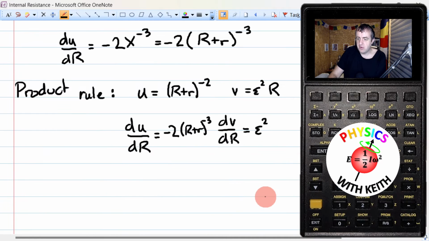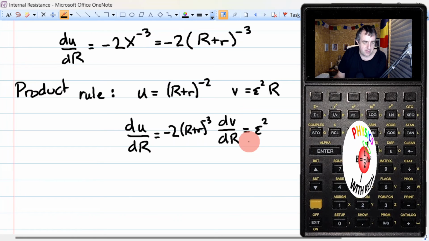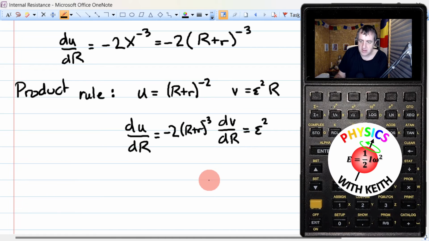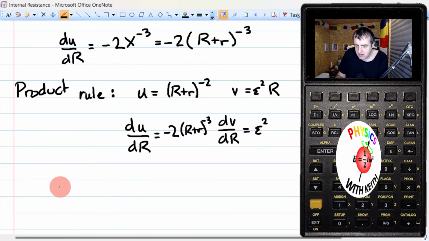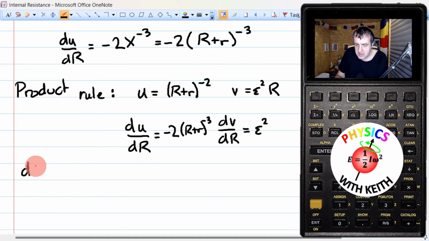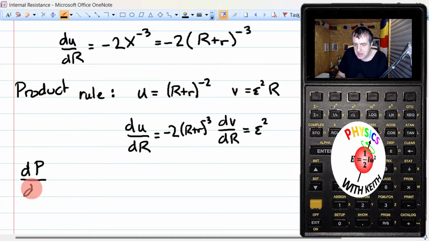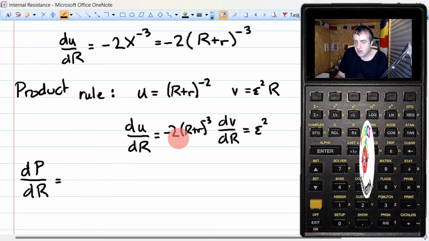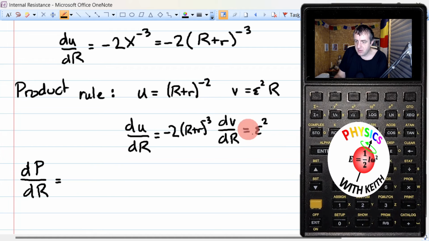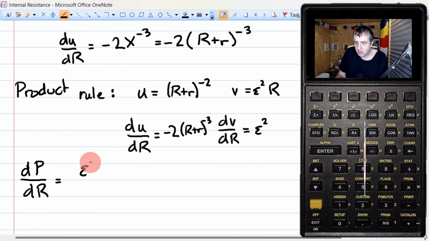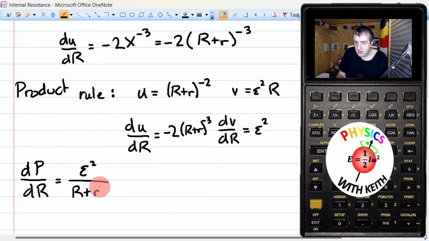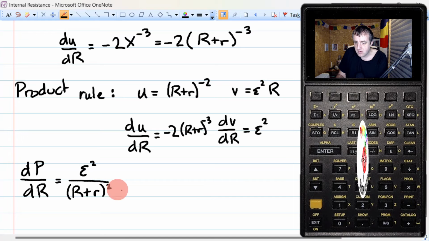Right, let's multiply some stuff together then. So we're going to write down dp by dr, which is going to be u multiplied by dv by dr. So that's going to be epsilon squared divided by r plus little r squared.